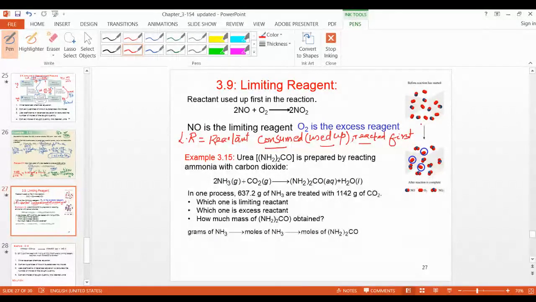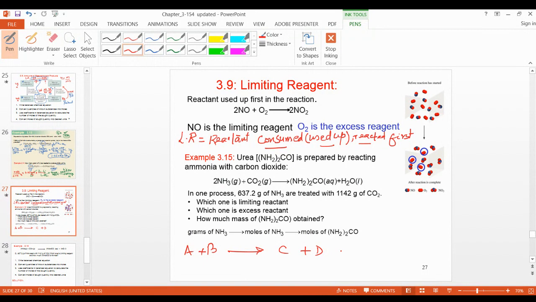Suppose you have A plus B and you are getting C plus D. The limiting reactant you have to determine first for any chemical reaction. The limiting reactant is the reactant which finishes first in the equation, which is consumed first in the reaction.